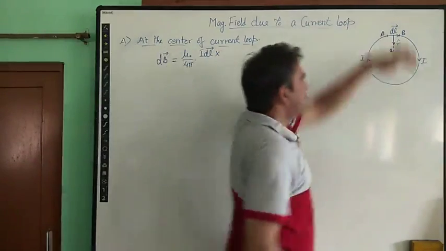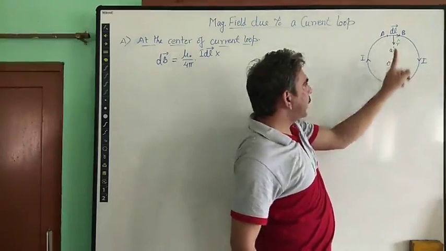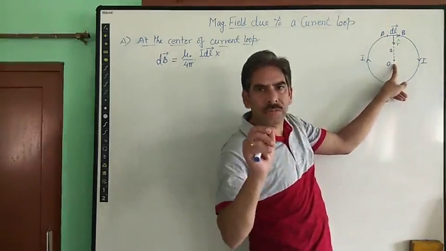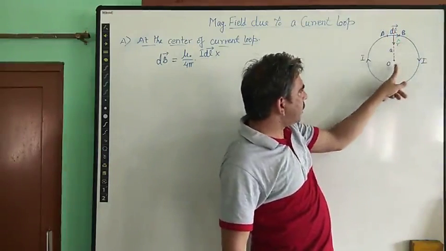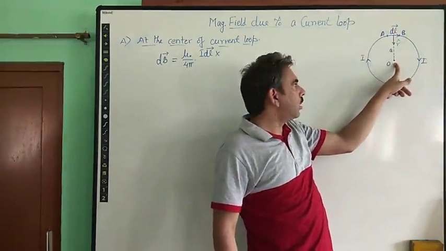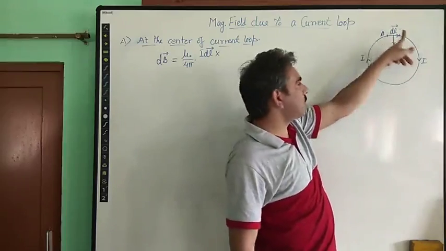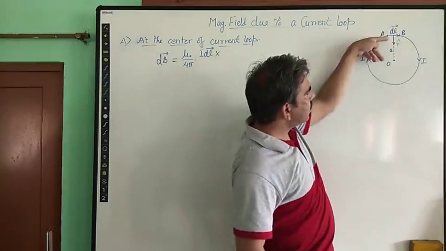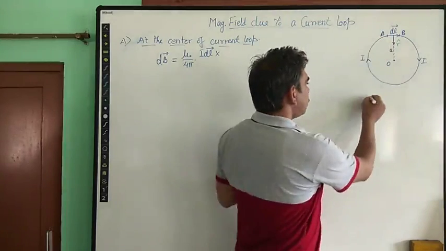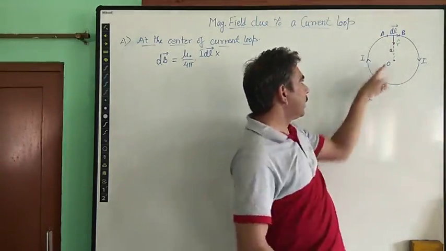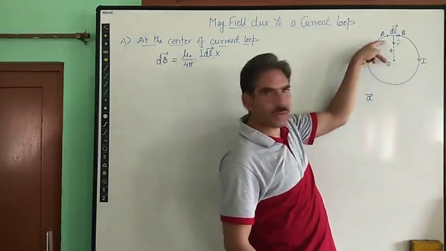Here is the current carrying conductor and here is the observation point where the magnetic field is to be calculated. The position vector of this observation point with respect to this length element is the radius vector.